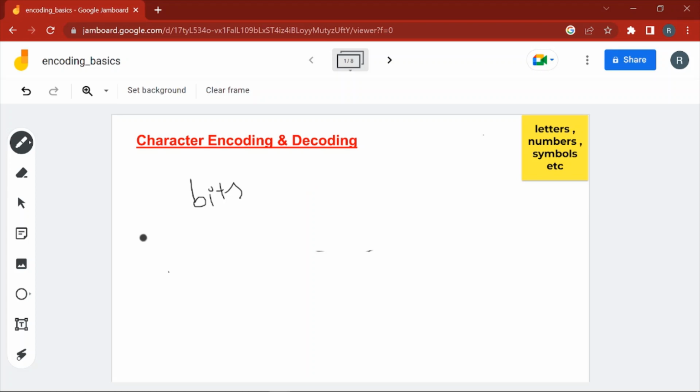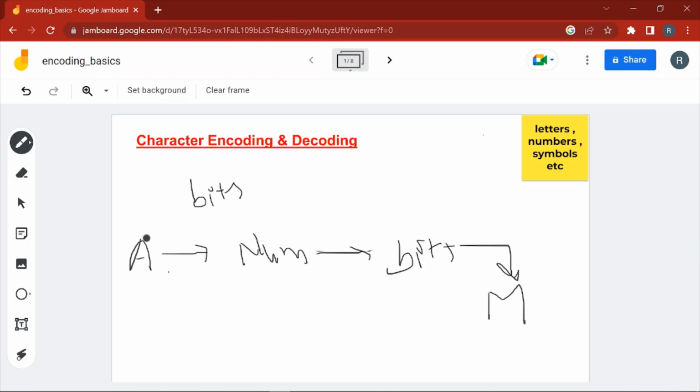Suppose in the text editor you are writing A and you are saving this as a file in the memory. Internally, what happens? A is converted into a number, that we will see. Then this number is converted into bits and these bits are saved in the memory.